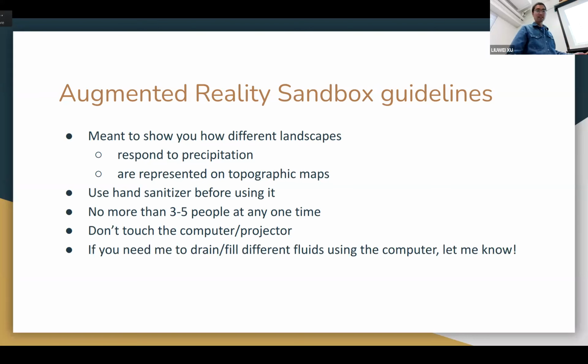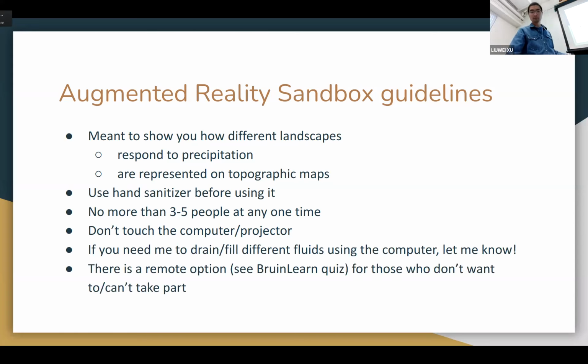And if you need any help or you need to change the fluids inside the sandbox, please let me know. For those who attend remotely, we have a remote option for those who cannot attend the in-person class. With Google Earth, you can also finish the first 2 questions.